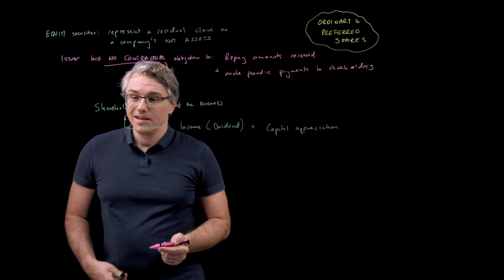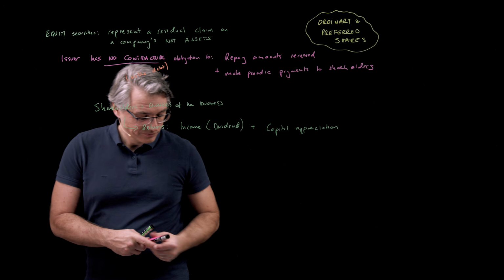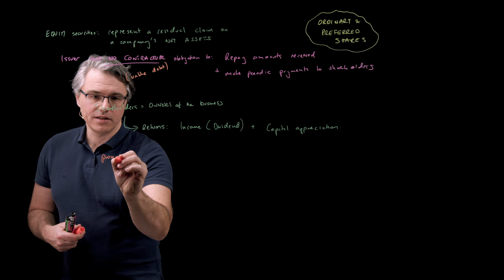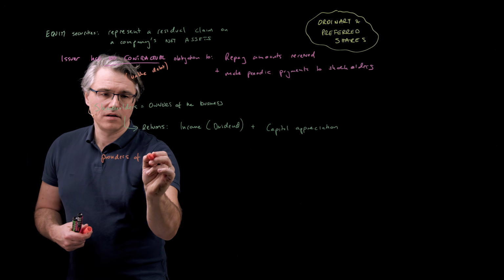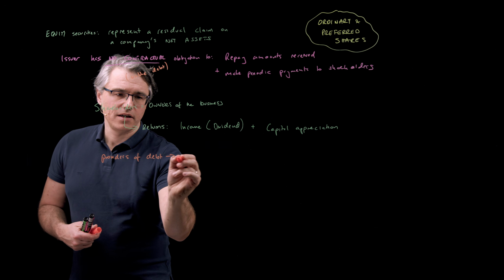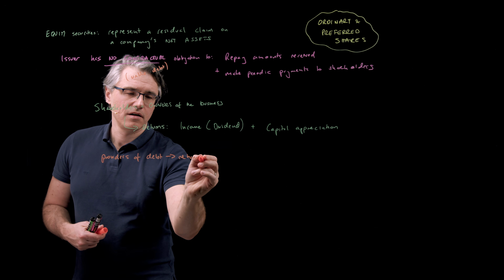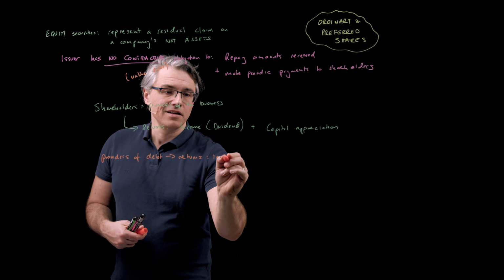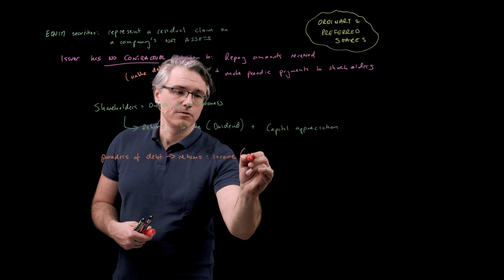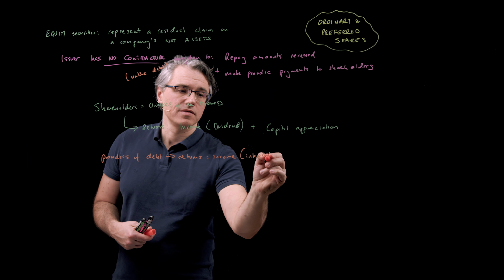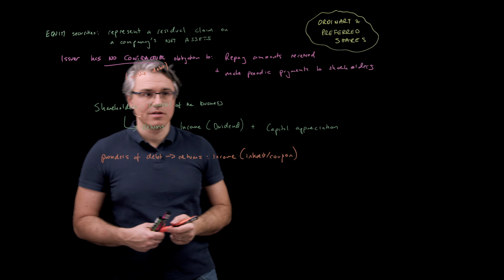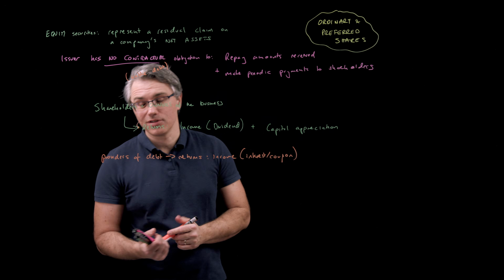Obviously, in the case of debt, providers of debt or debt holders, in terms of their returns, it's much more about just the income bit. It's called interest or a coupon, isn't it? If you buy bonds, you get a coupon, or interest. If you give somebody a loan, you just get interest.